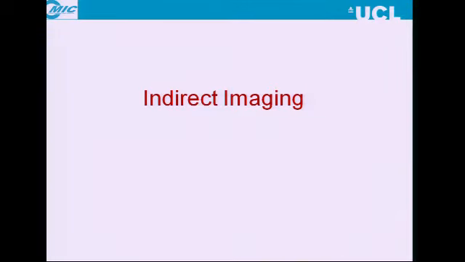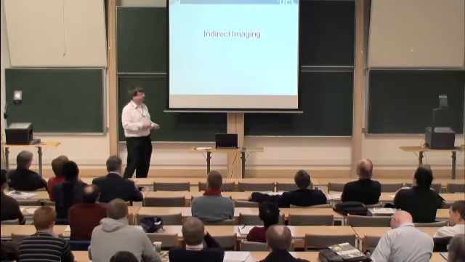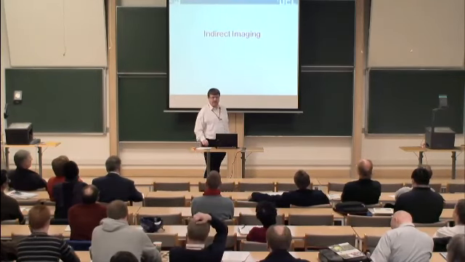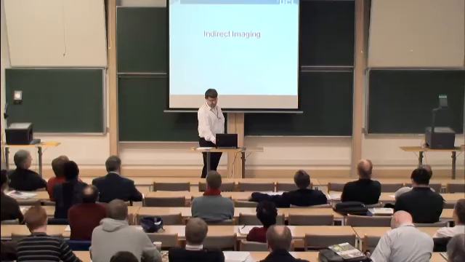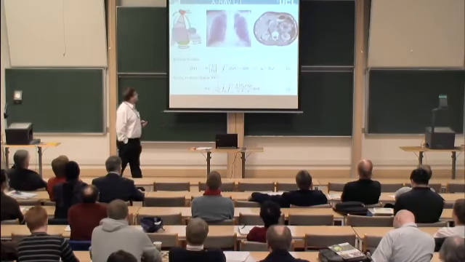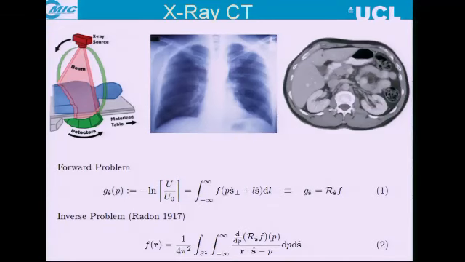So now let's look at what we mean by indirect imaging. There are four widely used clinical methods for medical imaging. One is X-ray CT. X-ray CT is very well established, invented and researched in the 60s and starting to come into clinical practice in the 80s.